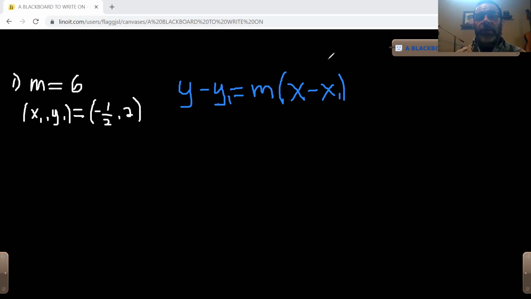So we're going to substitute the values we've got here. And so y minus y1, what is the value of y1? It's 2. Equals the slope, which is 6, multiplied by x minus x1, but x1 is minus 1/2, so we have to be careful of the signs there.